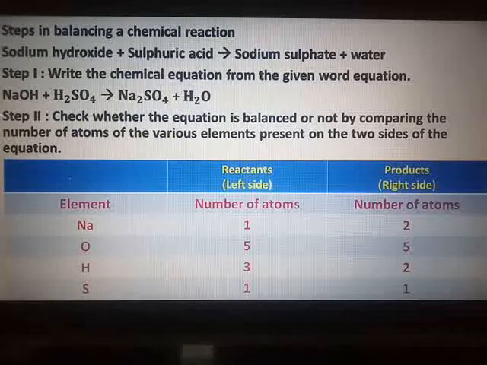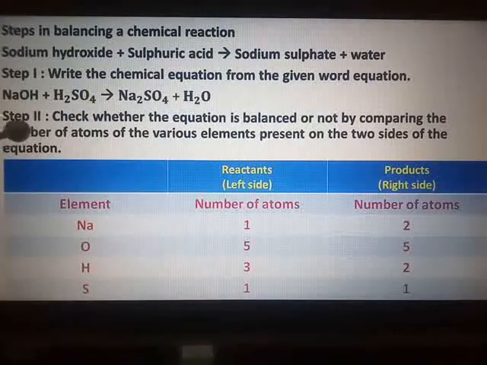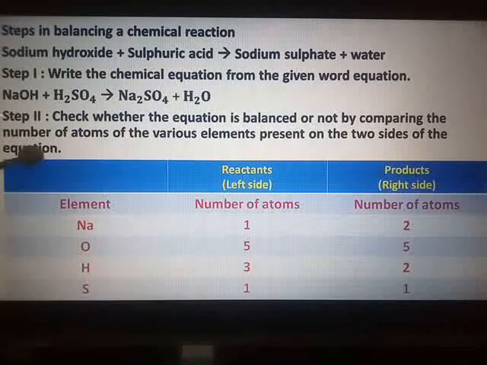We are going to make the number of atoms of the elements in the reactants and the products the same. But before that we have to check whether the equation is balanced or not. So step number 2 is to check whether the equation is balanced by comparing the number of atoms of the various elements present on both sides of the equation.